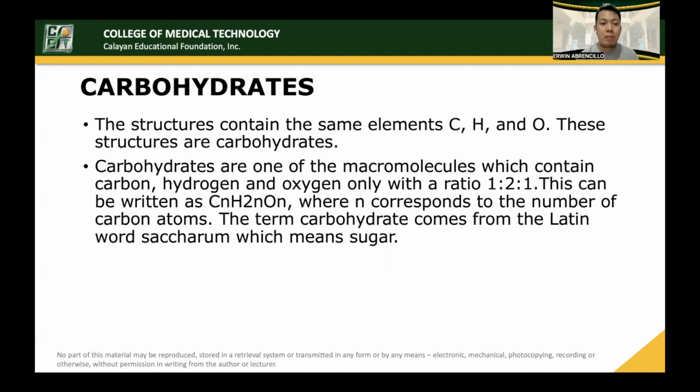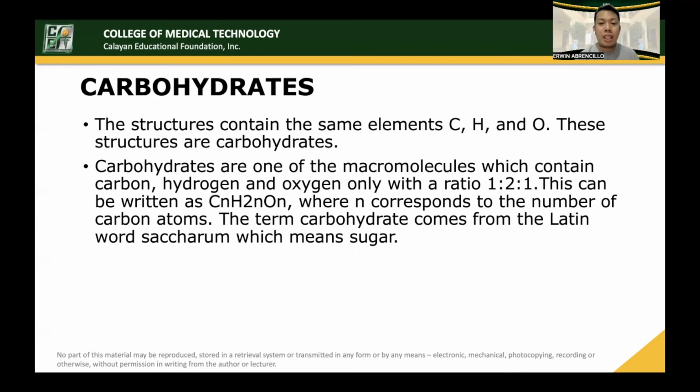So for example, if you have 6 carbon, you'll have 12 hydrogen and 6 oxygen, conserving the ratio of 1:2:1. So the C6H12O6 is actually the formula for monosaccharide sugar.